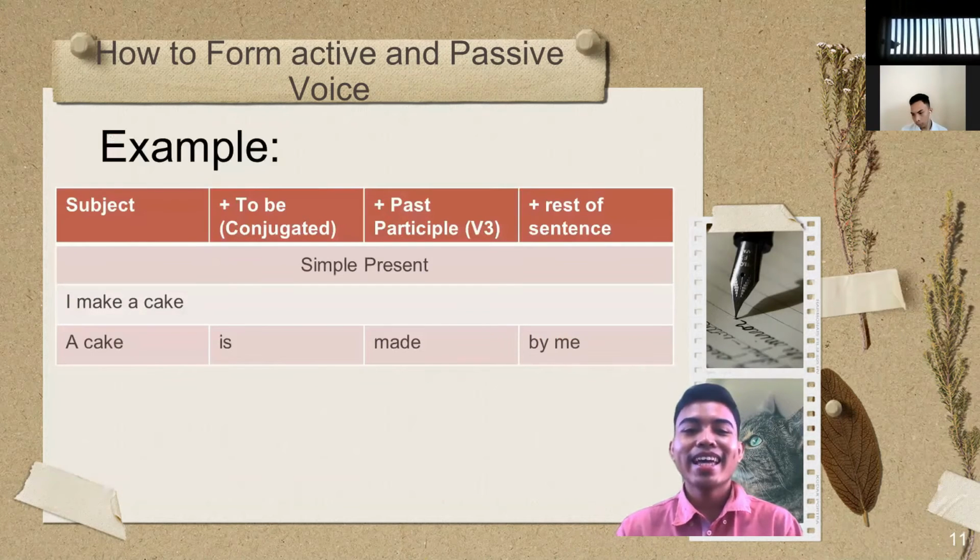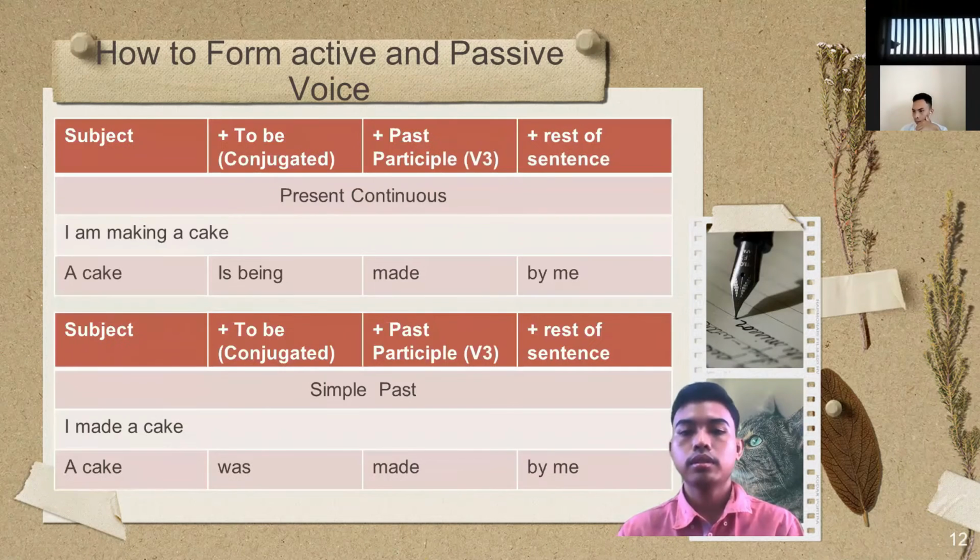Okay, my friends, next is simple present tense. The example sentence is I make a cake. The subject is a cake, the to be is is, the verb 3 or past participle is made, and the rest of the sentence is by me. Next, how to form active and passive voice for the present continuous tense.